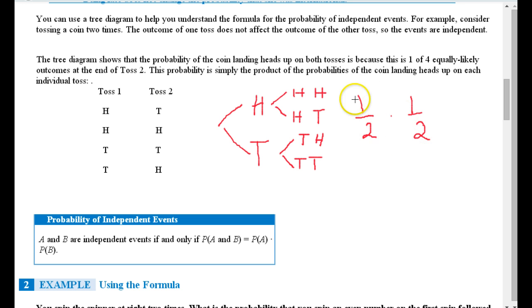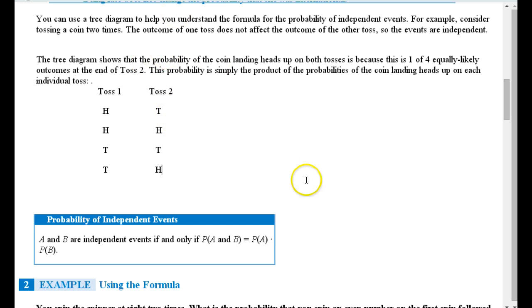So the probability of A and B is equal to the probability of A by itself, which was 1 out of 2, times the probability of B, which was 1 out of 2. So that is 1 out of 4. Boy, I hope that makes sense. I know I've kind of talked around that a little bit, but that's how that works, okay?